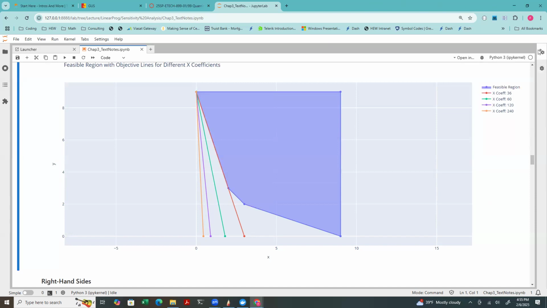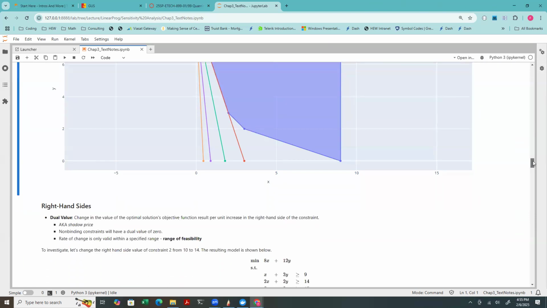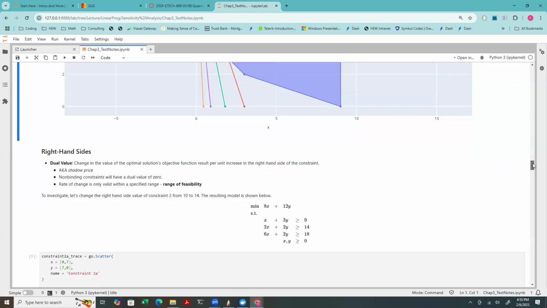Typically, these were constant values that we were working with. I mentioned it before, but here's where you'll see it in the notes: this part of the LP model is typically discussed as the sensitivity analysis of those right-hand side values, under two different phrases. You'll see dual value and you'll see shadow prices.